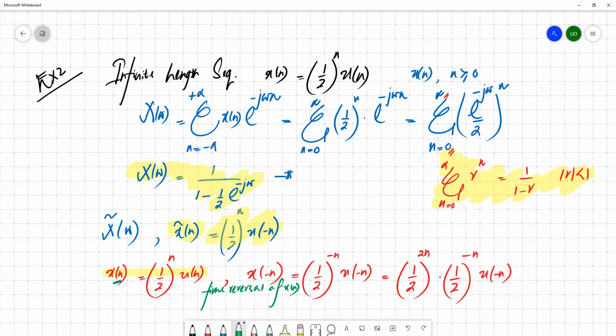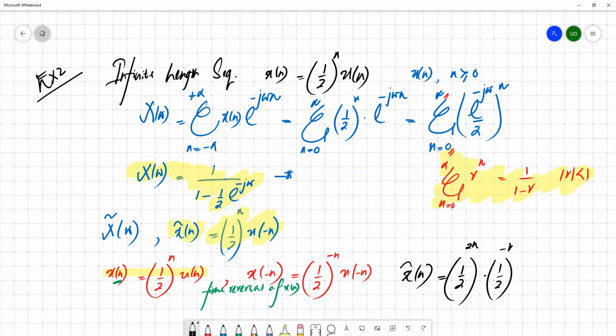But we need to evaluate this function, (1/2) to the power n. What we can do is obtain this x tilde[n] using time reversal. This x tilde[n] is actually 2 to the power 2n times 2 to the power minus n u[-n].